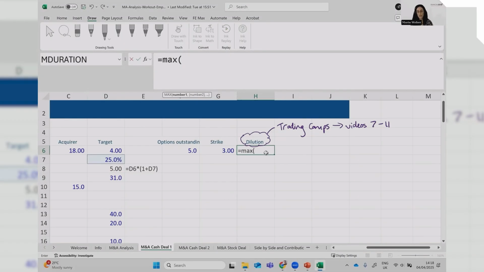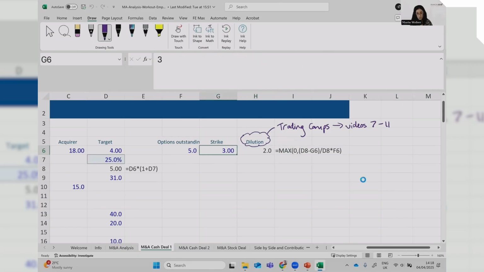I take the maximum of 0 and the difference between the acquisition price of 5, the strike price of 3. I divide that by the acquisition price of 5, and I multiply it by the number of options outstanding. And that gives me a dilution figure of 2.